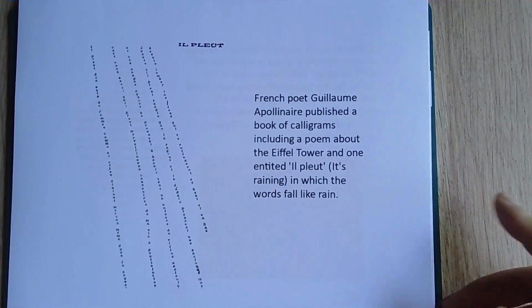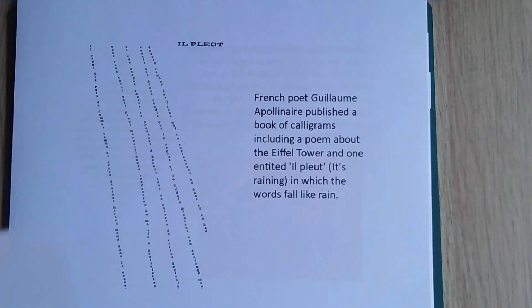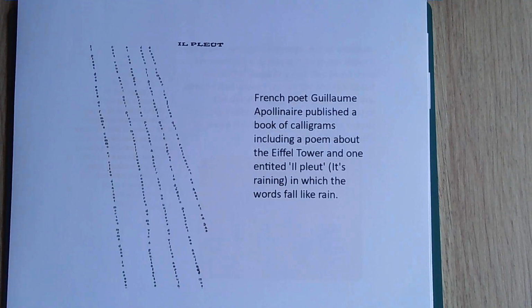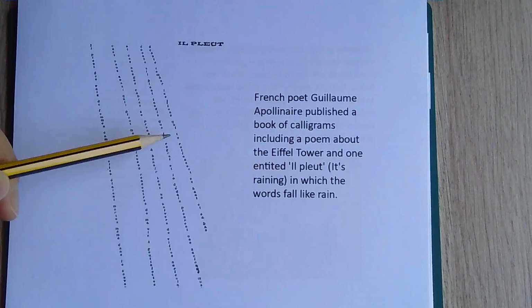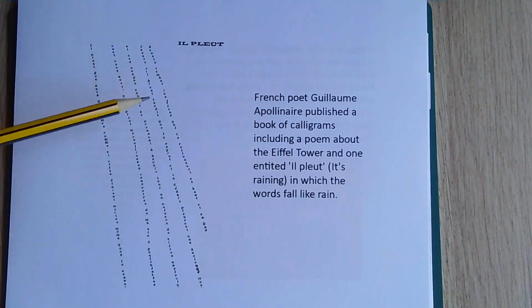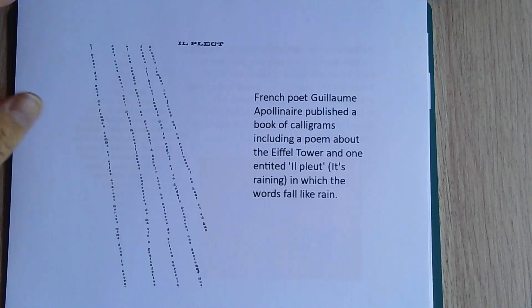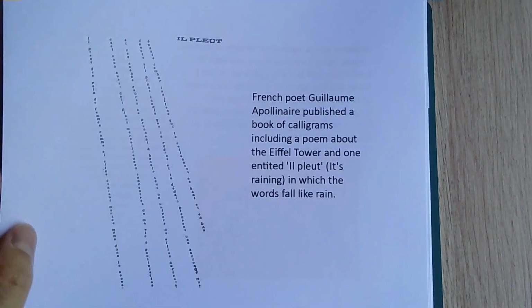It was actually the French poet Guillaume Apollinaire who published a book of calligrams, including a poem about the Eiffel Tower, and that was the poem that you saw just a moment ago. Now, this one is called Il pleut, which means it's raining, in which the words that you see actually look like rain is falling.